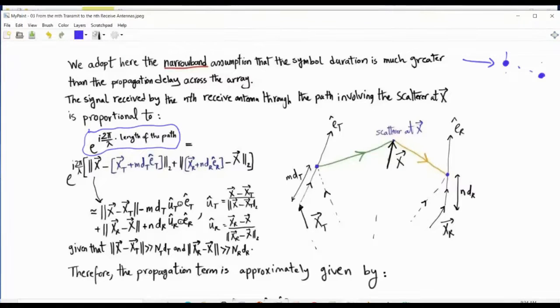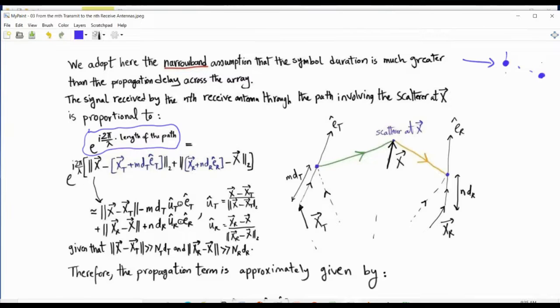So there is a delay between the signals received in the various antennas. The wave does not reach all antennas at the same time, so there will be delays. If those delays are much smaller than the symbol duration, then we say that our array is operating in narrow band.